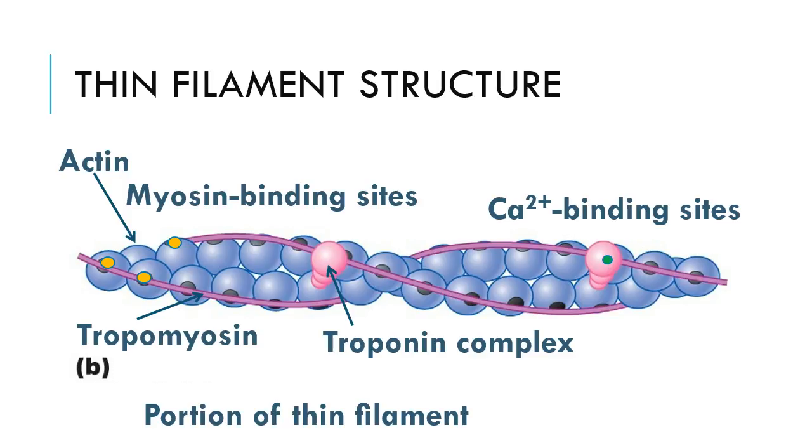So when calcium's present, it's anchored basically to actin, and it pulls back tropomyosin. So only when what is present can the thin and thick filaments touch? Calcium, because it binds to troponin, which pulls back tropomyosin, which exposes the myosin binding sites on actin.